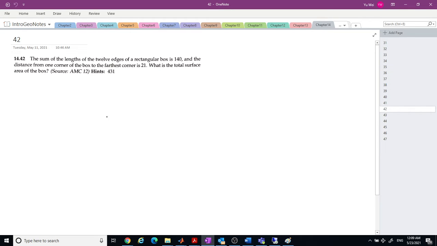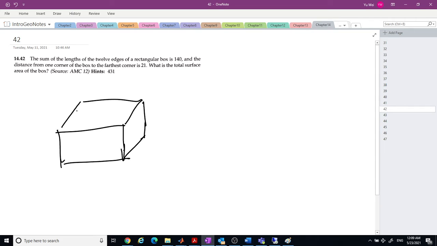So next, the sum of the lengths of the 12 edges of a rectangular box is... okay, let's draw a rectangular box.